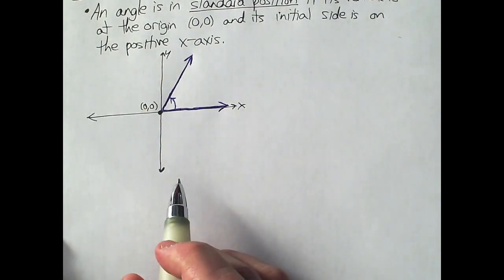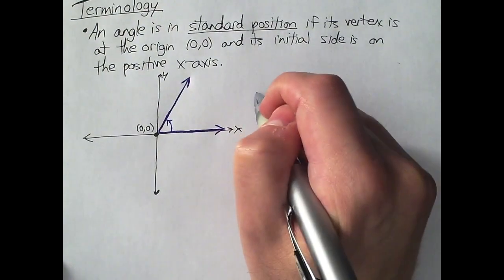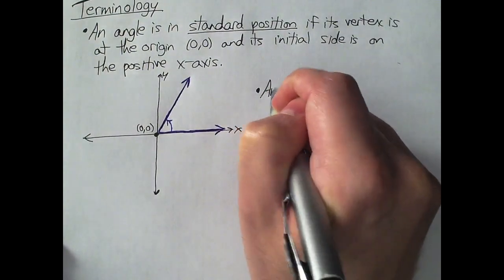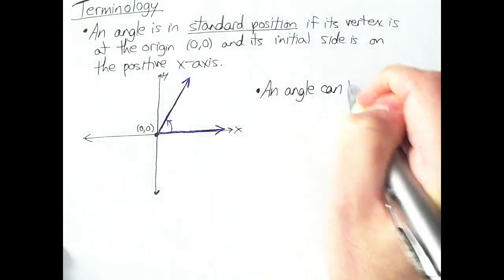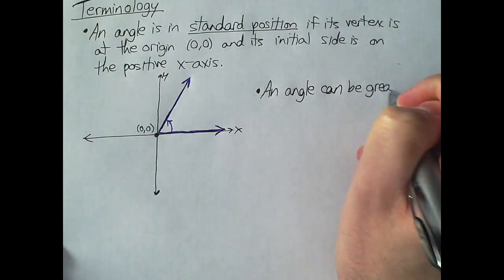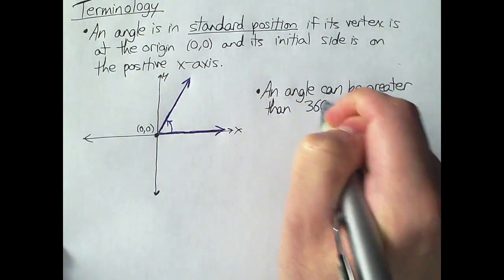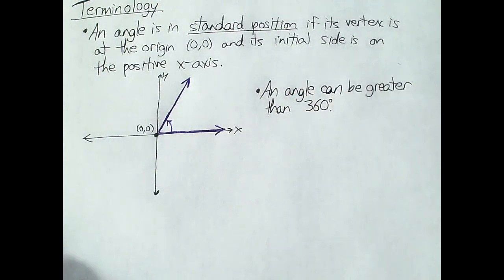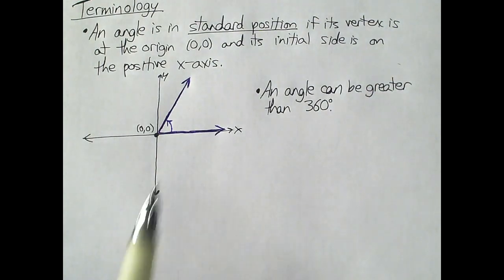I have a few more pieces of terminology to tell you, or just little notes. So first of all, an angle can be greater than 360 degrees. We said 360 degrees would be if you went all the way around once, one full revolution, and wound up back where you started.